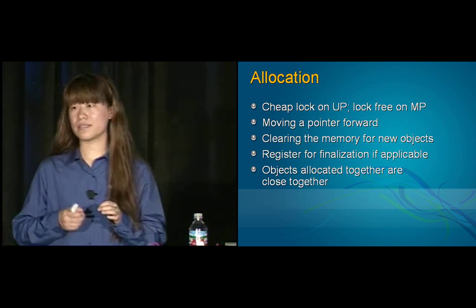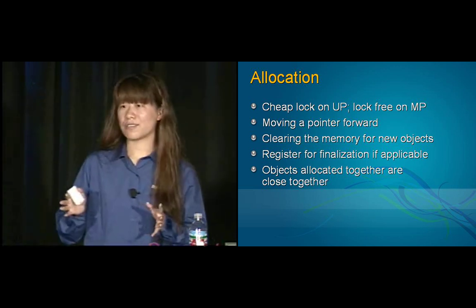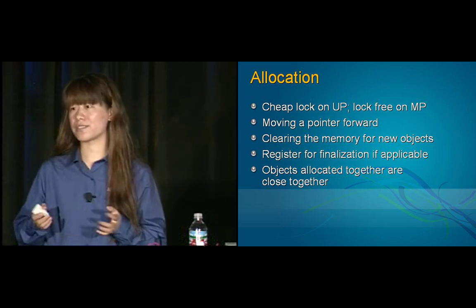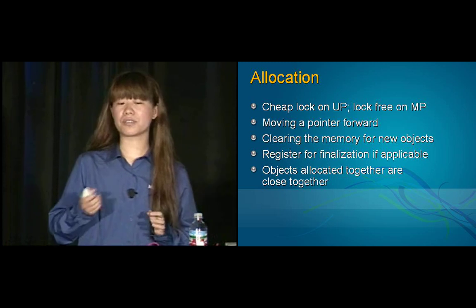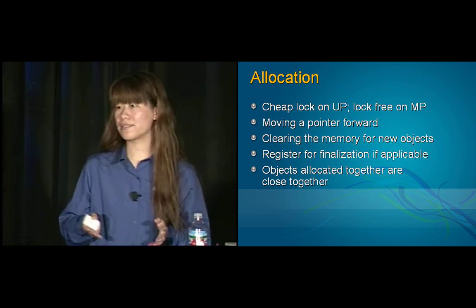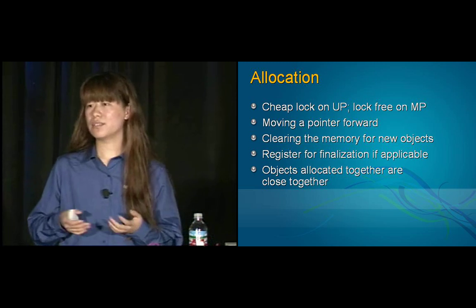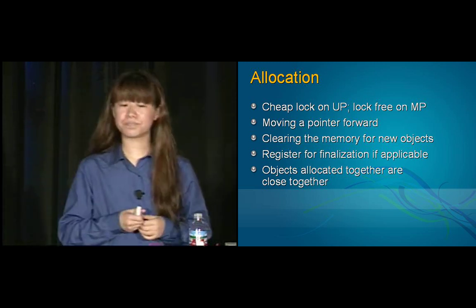The second cost is what you probably heard before, which is moving a pointer forward on the managed heap. And the third cost is clearing the memory for the newly allocated objects. This is actually the dominating cost for managed allocation.